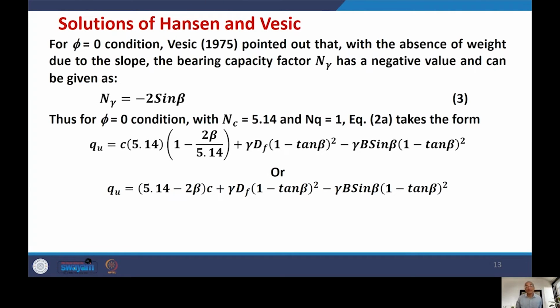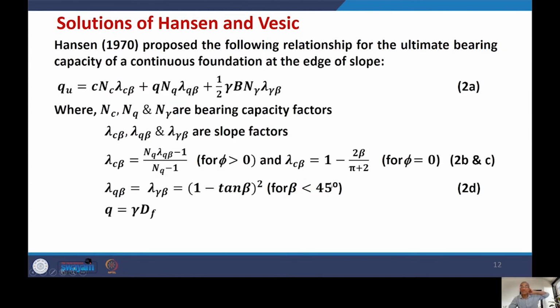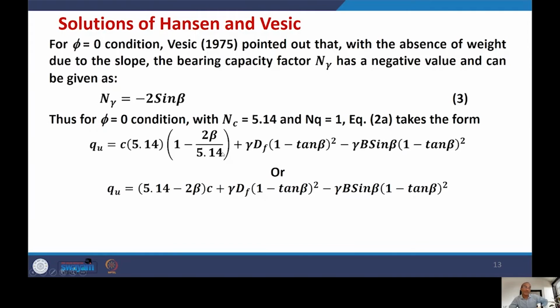Once you determine the value of N gamma from this, then Nc is simply 5.14 and Nq equals 1. So using Nc equal to 5.14, Nq equal to 1, and N gamma given from the above equation, substitute the other numbers. So what you have is q equal to c Nc. Nc has been put as 5.14, multiplied by the factor given here, lambda c beta, 1 minus 2 beta by pi, plus 2, which will be simply 5.14.